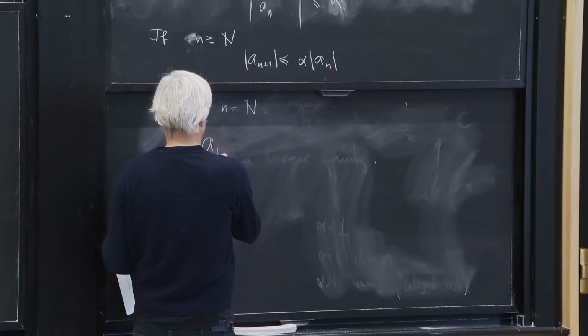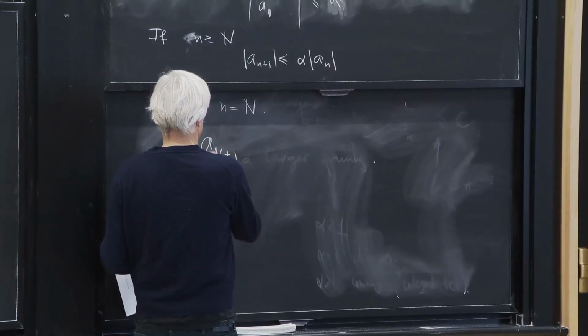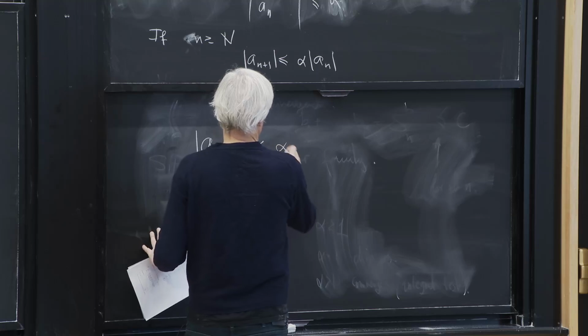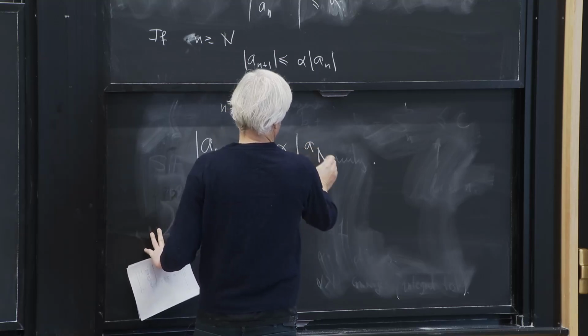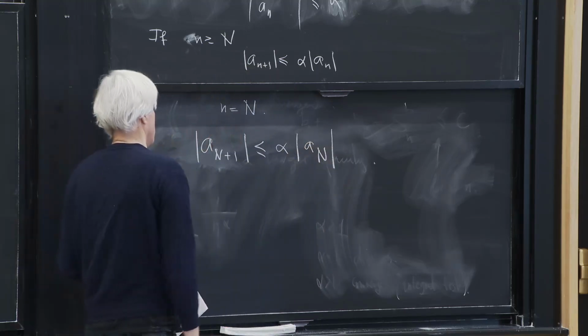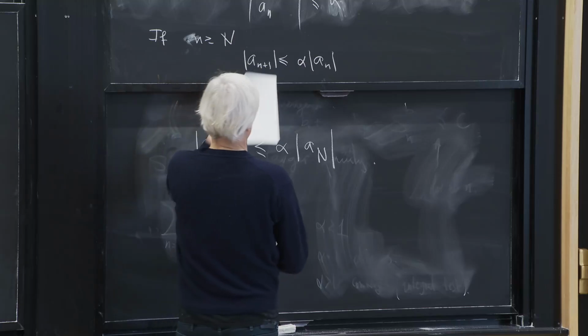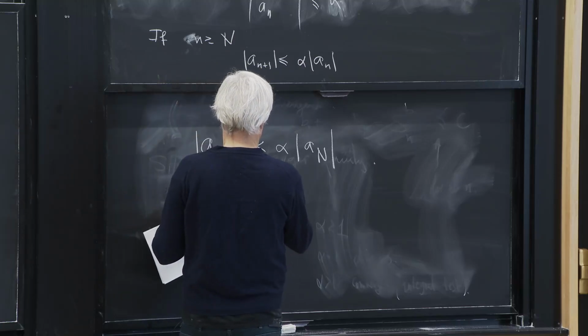It tells you that absolute value of a capital N plus 1 is less or equal to alpha times absolute value of a capital N. Now apply this inequality for capital N plus 1.